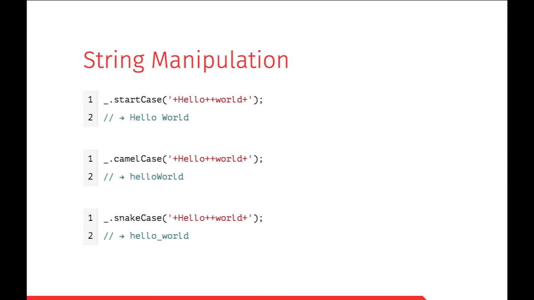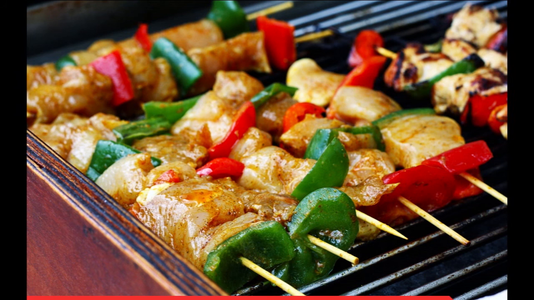Camel case follows the convention in JavaScript, so the first letter is small and the world is capitalized. And snake case, where the result looks like Ruby with an underscore. And my favorite case is kebab case.